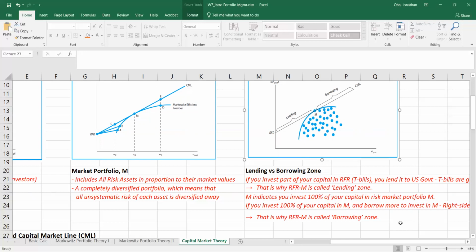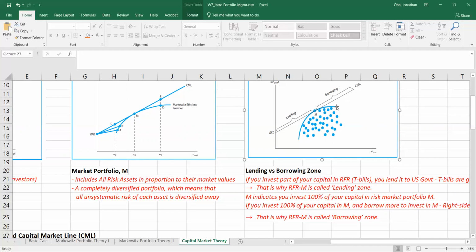So from your perspective, you lend some money to the government if you invest some part of your money in the risk-free asset. So that's why it's called the lending zone. But point M is where you invest 100% of your money in this risky market portfolio, and then you will be here.